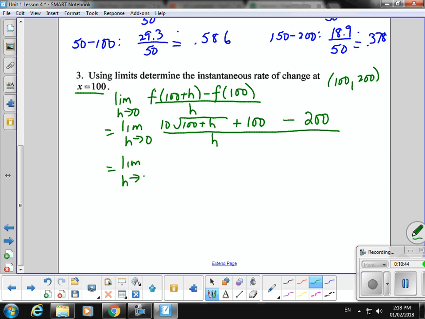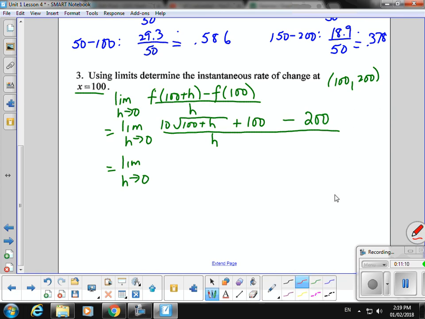For this one, our strategy is we have roots, and that's a bit of a problem. So I'm going to rationalize this thing to get rid of the root sign. My whole goal is to isolate h over h so I can cross them off to get rid of the 0 over 0 indeterminate.